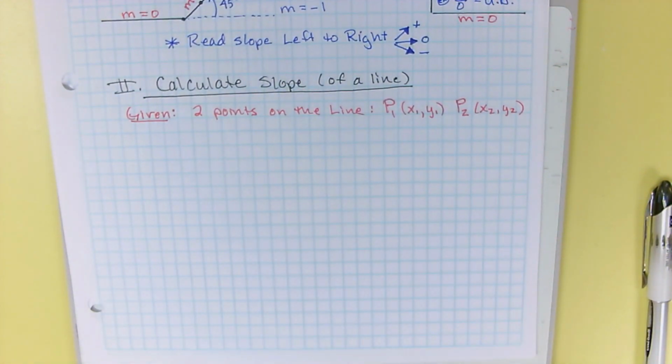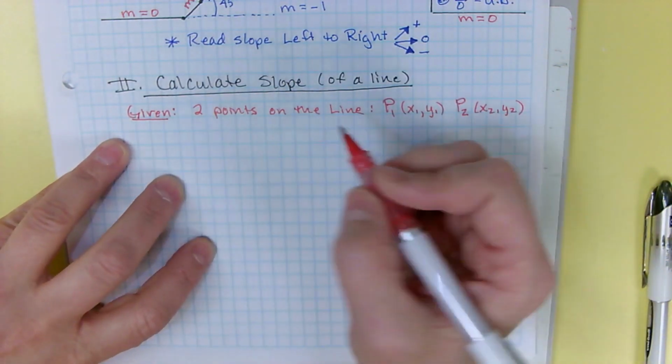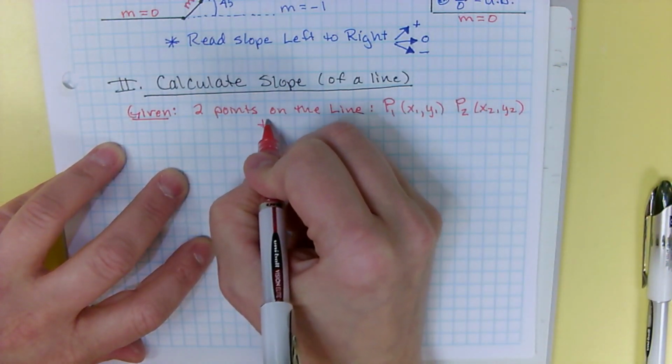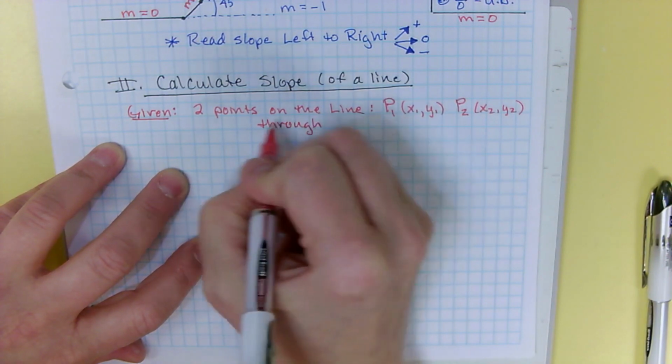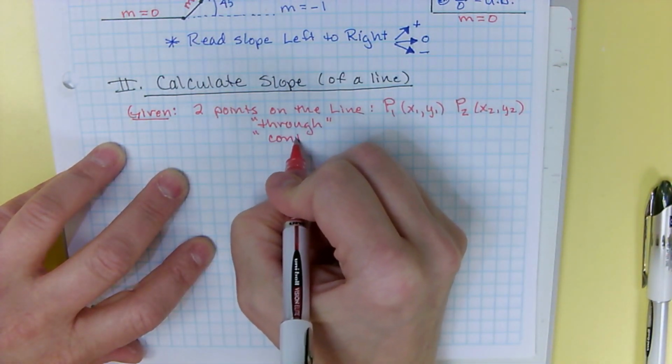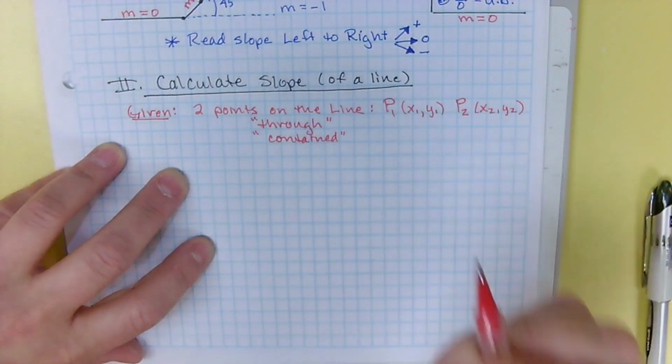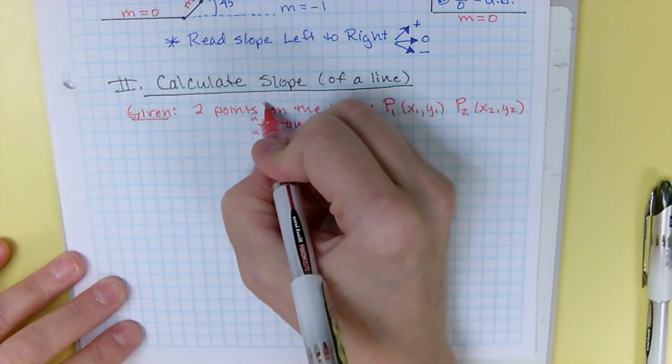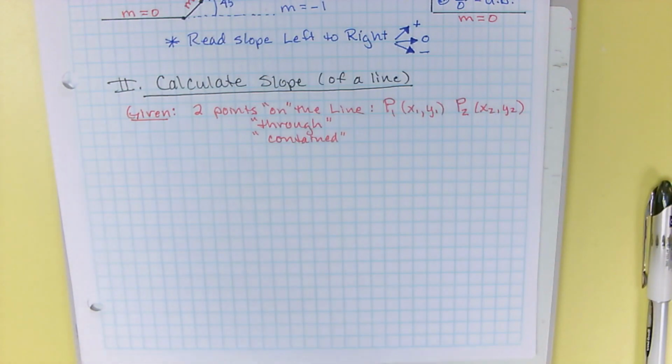So we've been given 2 points. And it could be on the line. It could be points that the line is going through. It could be 2 points that are contained in the line. Those are all different ways to say the line goes through these points. So any of those are the same.